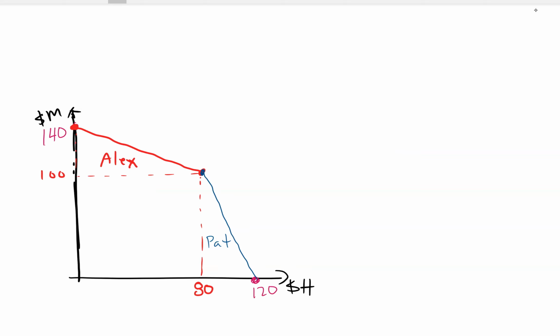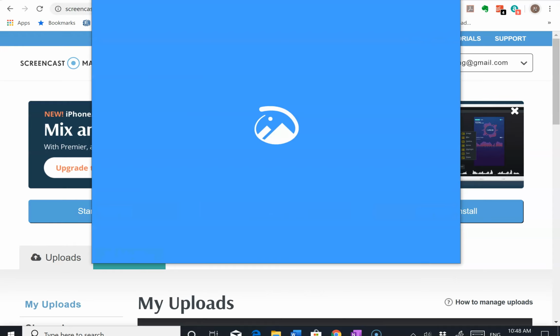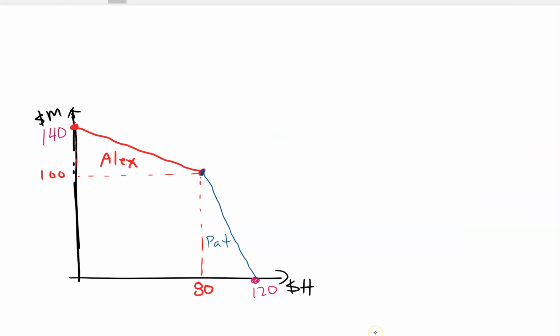But we had an assumption that they have the same preferences. What that means is that Alex and Pat like the same stuff. They want to choose the same stuff. And that gives just one set of indifference curves.